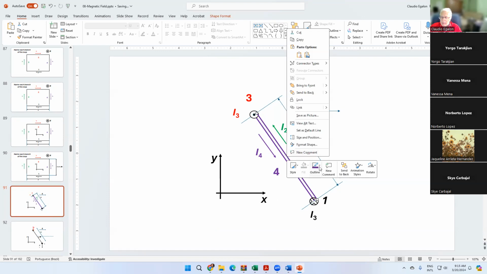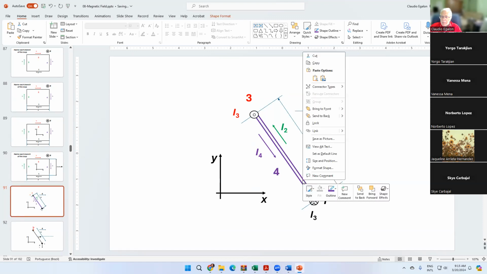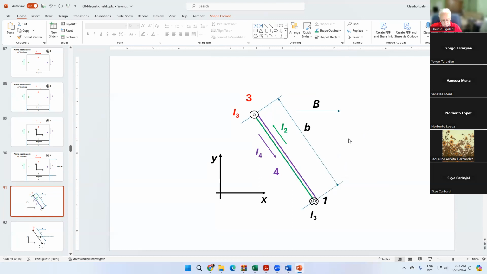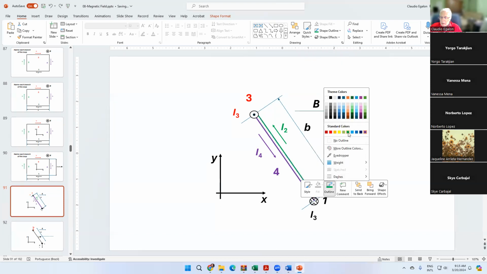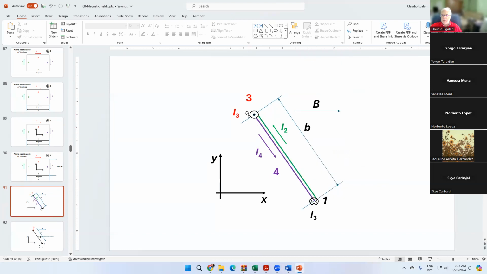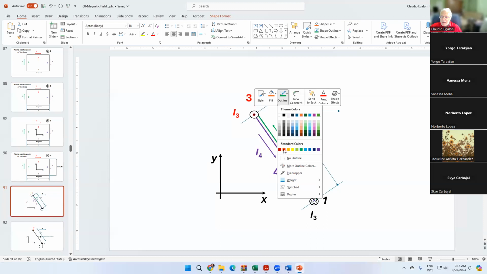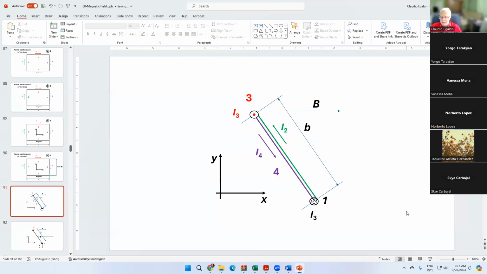I'm going to send it to back. This one here is going to be red, so we fill this red.